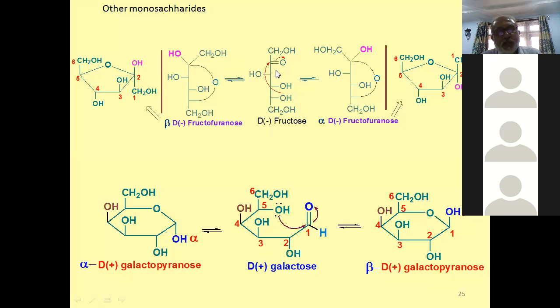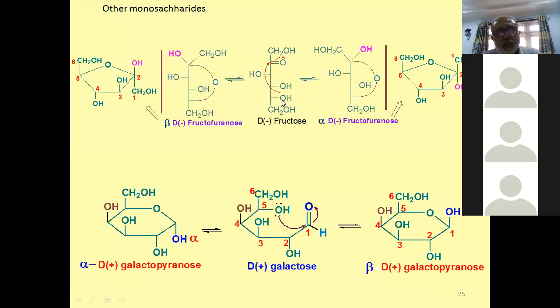The open chain structures of glucose and fructose are similar in the sense that the aldehyde group becomes a ketonic group, so it comes to C2, and then C1 becomes CH2OH, and the other 3 OH groups remain the same as in glucose. So left, right, right. That is the open chain structure.